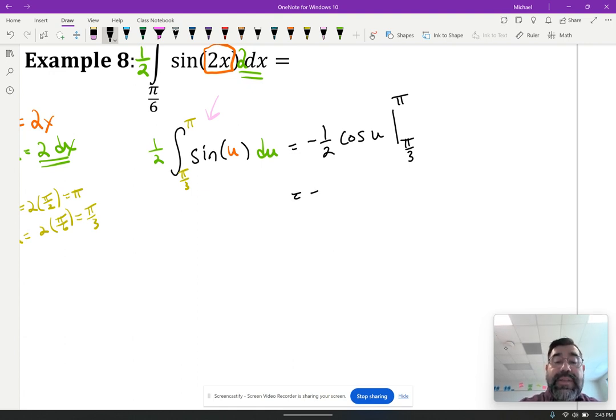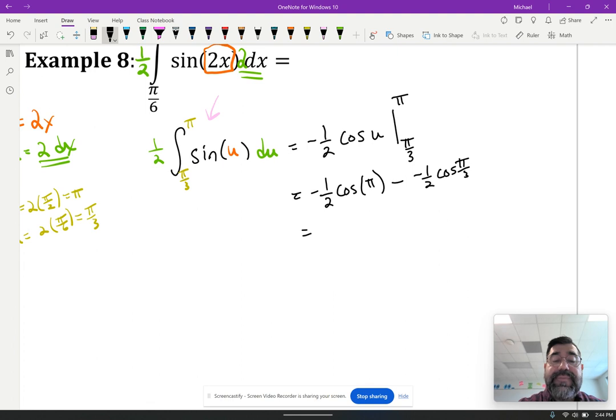And now the fundamental theorem says if you substitute the top limit and evaluate it into the antiderivative and take the bottom, I got to be careful. The fundamental theorem says to subtract them, but this also has a negative 1/2, so I got to be careful here. Cosine of pi over 3.